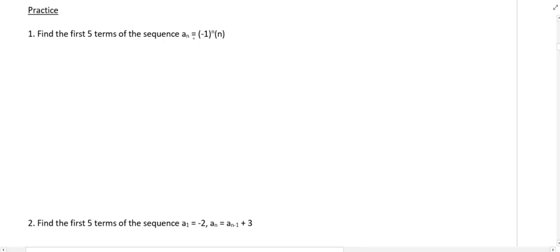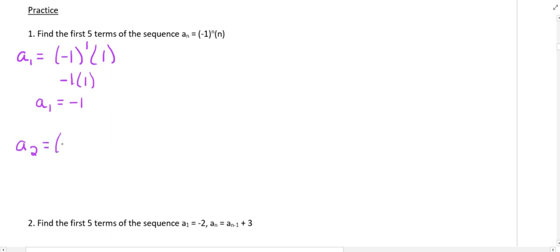Okay, so first 5 terms of this sequence here, we're just going to plug 1, 2, 3, 4, and 5 in. So a sub 1, we've got negative 1 to the first times 1. So negative 1 to the first is negative 1 times 1. So that's going to give us an a sub 1 of negative 1. Then we'll do a sub 2.